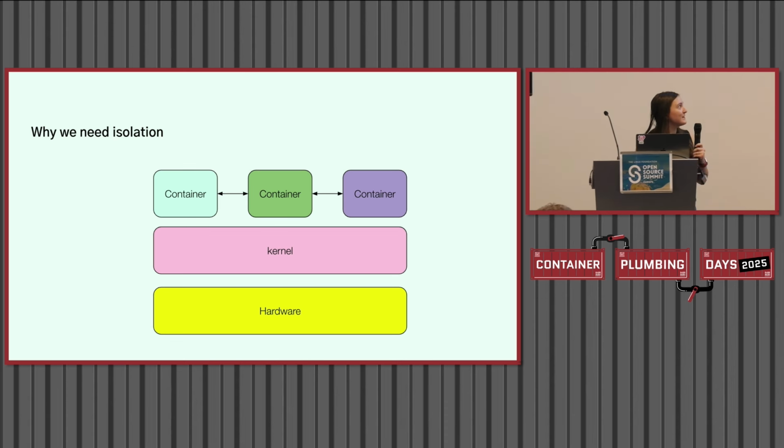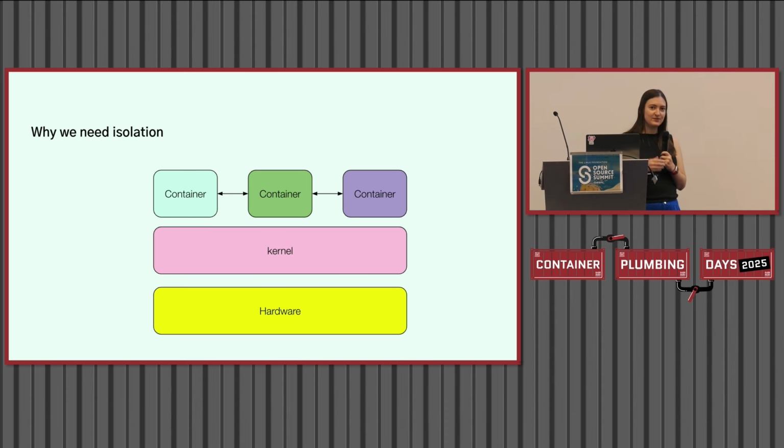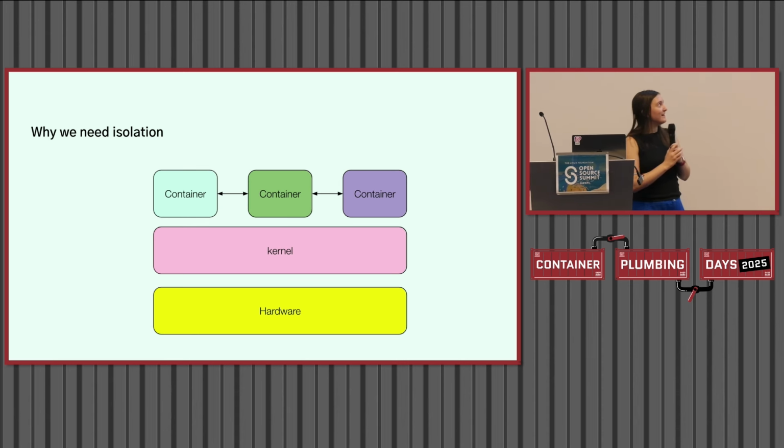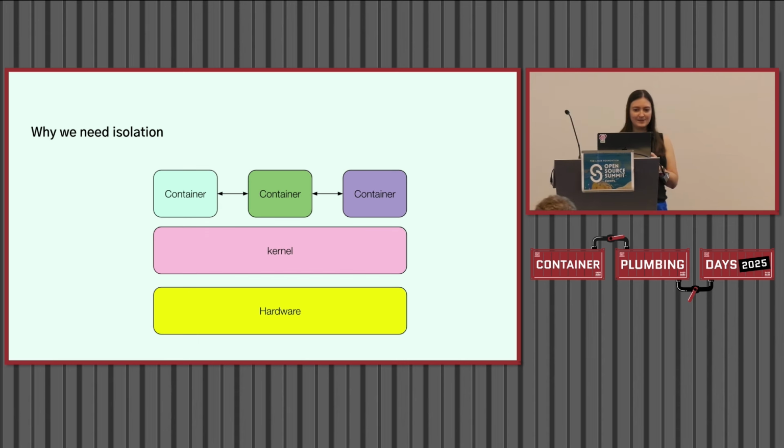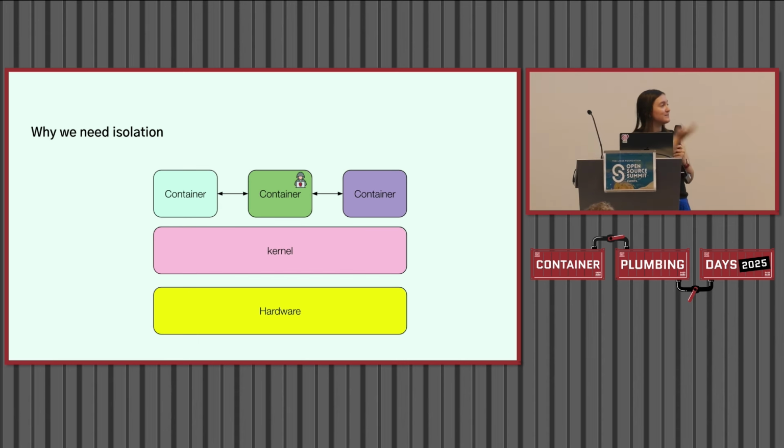Unfortunately, because these containers are all on the same infrastructure, if you do nothing else, and we'll talk about things you can do later, then they're all operating sort of like processes on the same kernel, which means that if you have somebody you don't trust, one of these other users of the system, in a different container, they might be able to get out of this container and look at your processes.